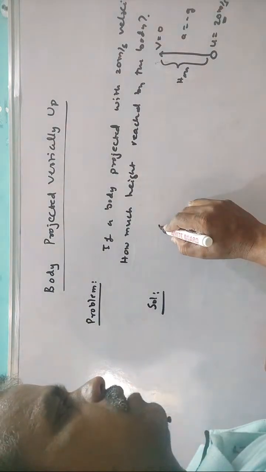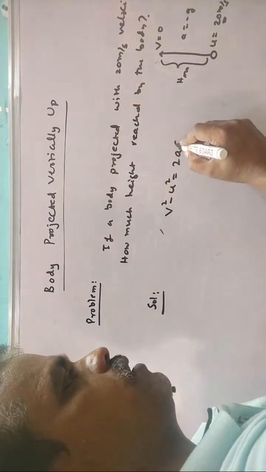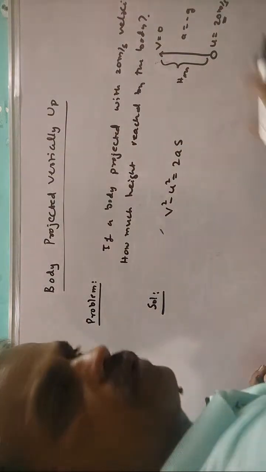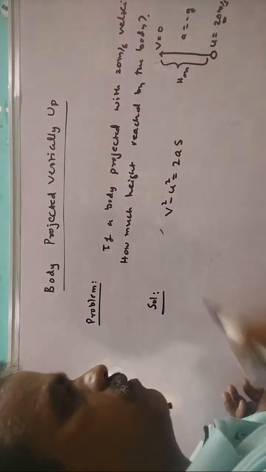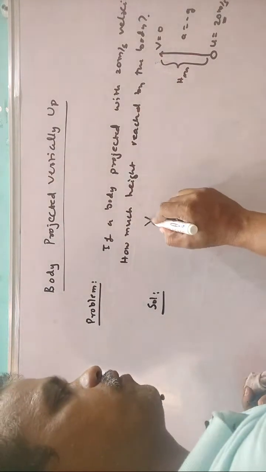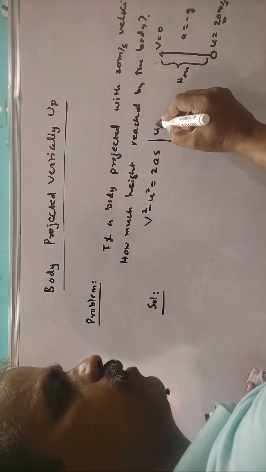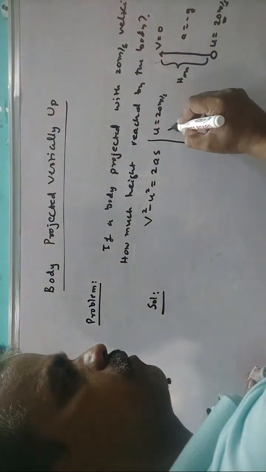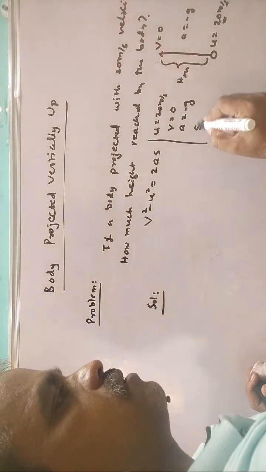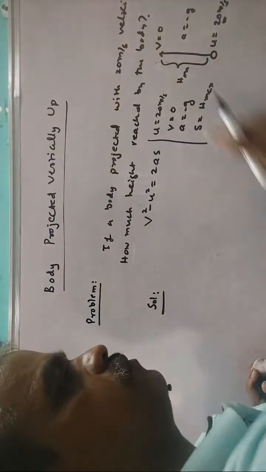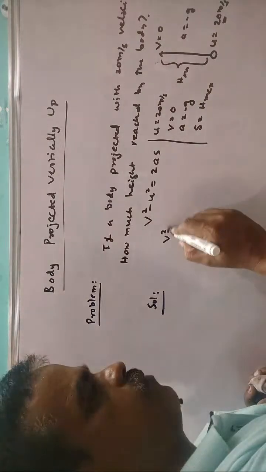For this, we have the formula v square minus u square equal to 2as. In this problem, u equal to 20 meter per second, v equal to 0, a equal to minus g, s equal to H max. Just substitute here and calculate. Come on, do it.